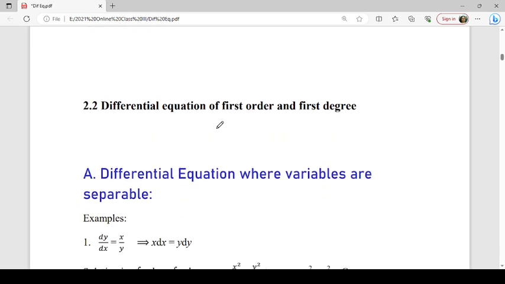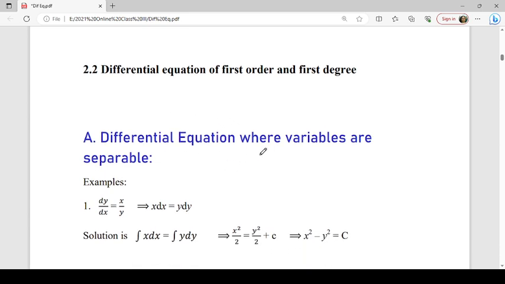Now we need to solve it. When a differential equation is given, we need to solve it, and there are various types of differential equations. For a differential equation of first order and first degree, this is the method of solving. To solve it or to form a differential equation, we need derivatives and integration.